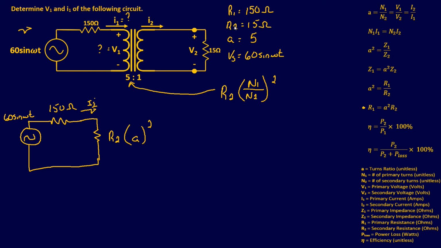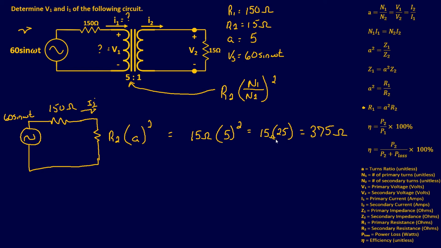Well, we have the load side resistance, and we have our turns ratio. So let's say, I will put it right here, R2 is 15 ohms times your turns ratio, 5, and we're going to square that. So that's going to give us 15 times 25, and that's going to give us a resistance of 375 ohms.